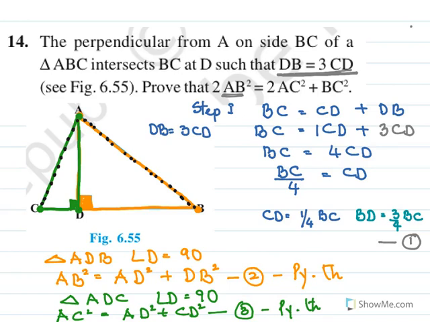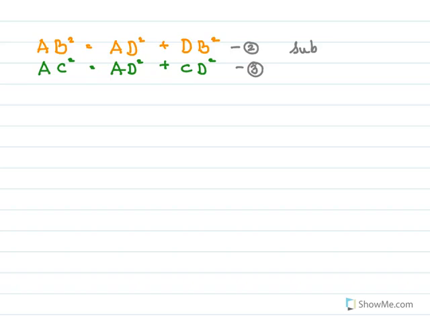In the next step, we're going to subtract equation 2 and 3. So here are two equations, and we're going to subtract 3 from 2. So subtraction, we've got to change the sign. So the plus here becomes minus, the plus here will become minus, the plus here will become minus.